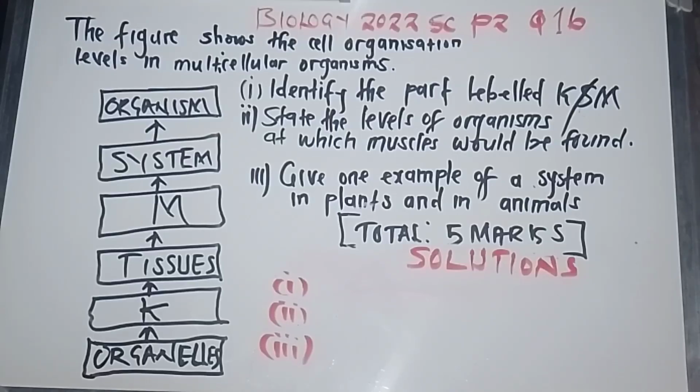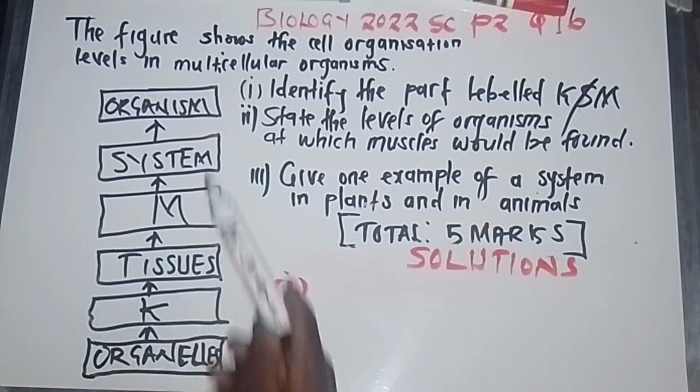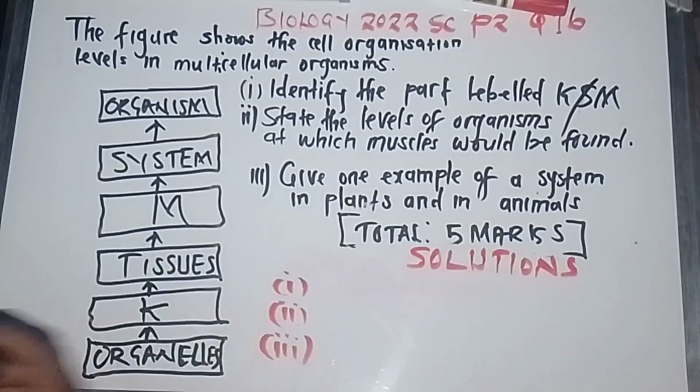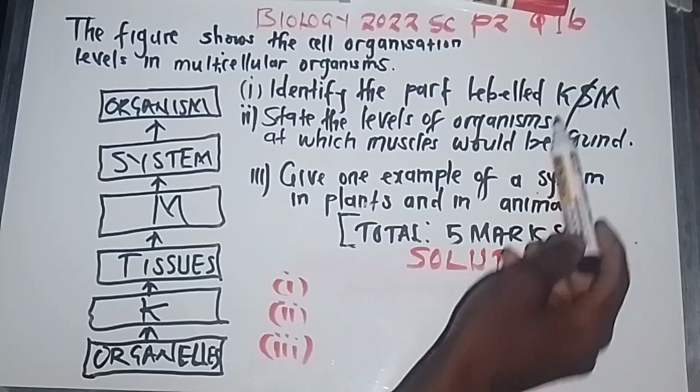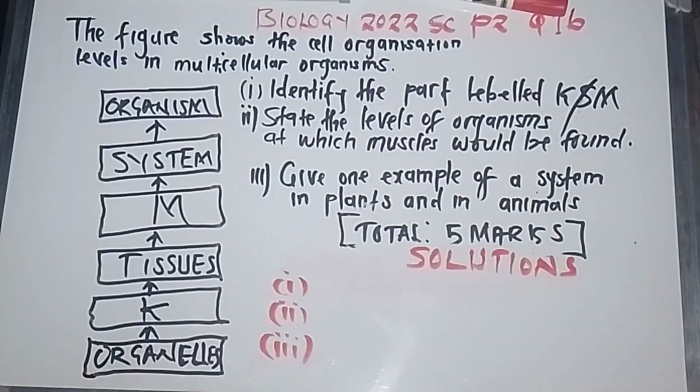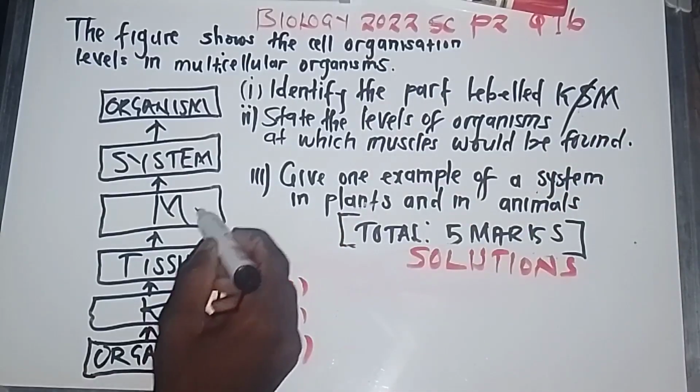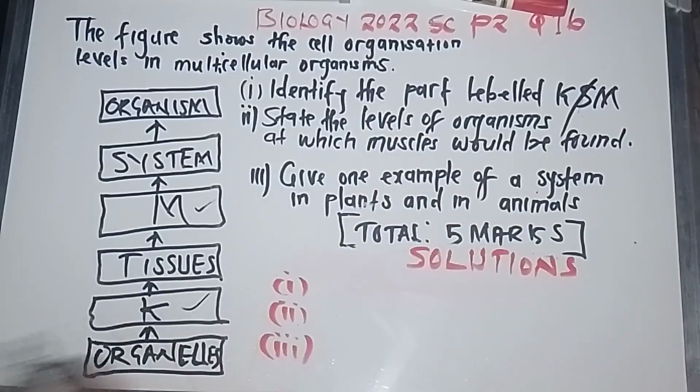Alright, so now let's go to the question. We have been told to identify the part labeled K and M. So we have been told to identify this part and also this part.